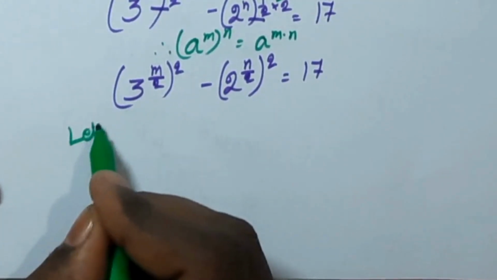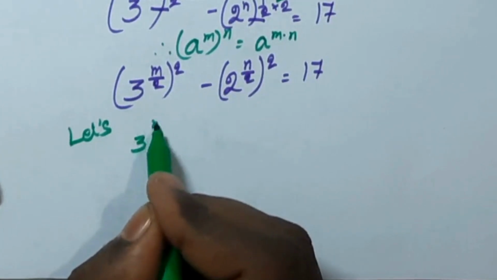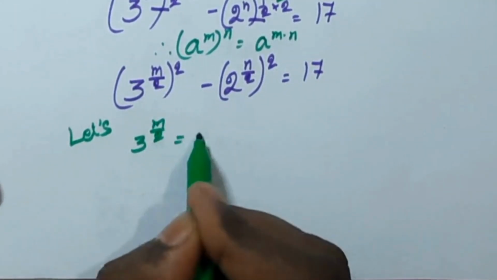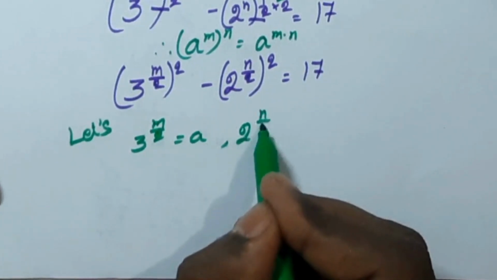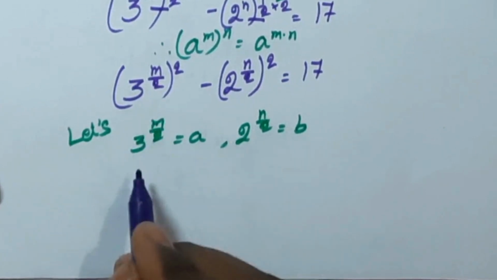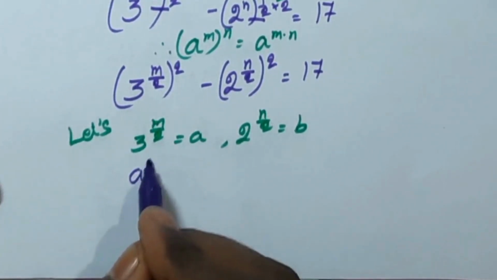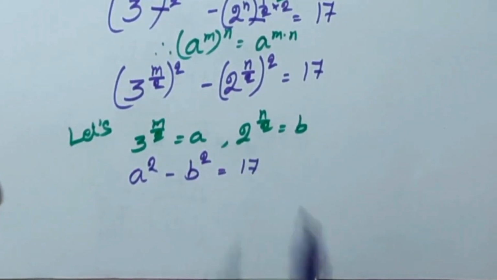Let us consider 3 to the power of m by 2 equal to a, 2 to the power of n by 2 equal to b. Applying this in this equation, a square minus b square equal to 17.